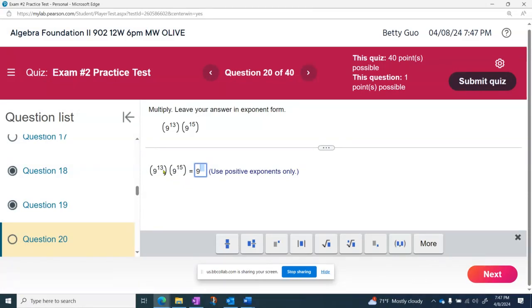Product rule, we add the two exponents, 13 plus 15, 28. This one is more straightforward because simply 9 to the power of 13 is 13 nines multiplied together, and you have 15 nines multiplied together in the second parenthesis. So combined together, you have 28 of them. So 9 to the power of 28.